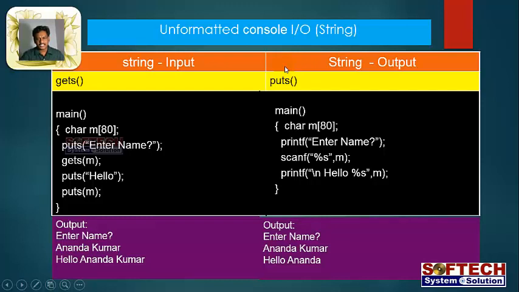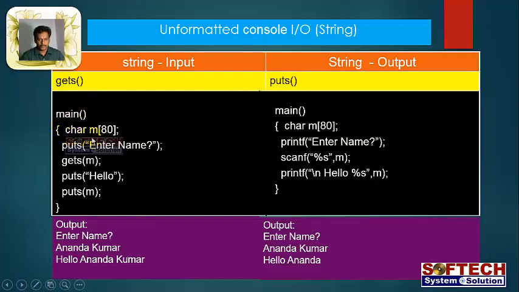They are gets and puts, string input, string output. The gets function gets the string from the keyboard. The puts function puts the string to the screen. So this is input, this is output. String input, string output.